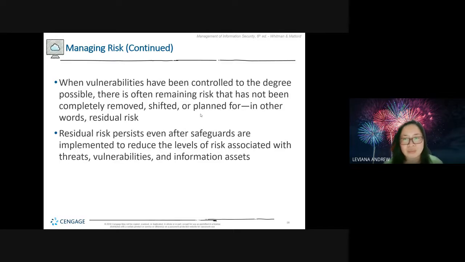When vulnerabilities have been controlled to the degree possible, there is a remaining risk that has not been completely removed, in other words, residual risk.